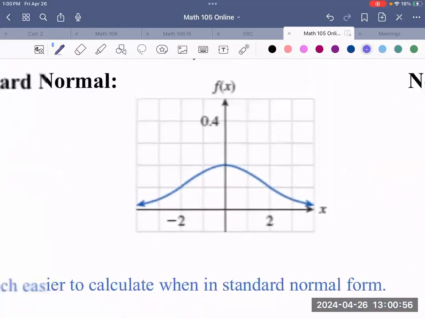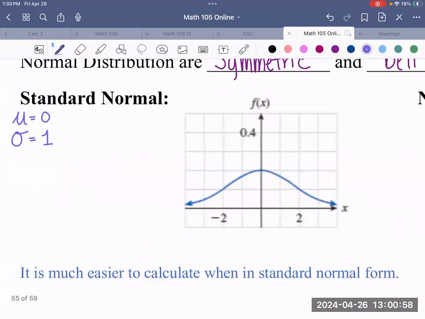Standard normal meaning you have a mean of 0 and a standard deviation of 1. Well, your mean is at 0, but what's your standard deviation on either side? Your standard deviation is 2 on either side. So is this considered a standard normal graph? No, it is not standard normal.